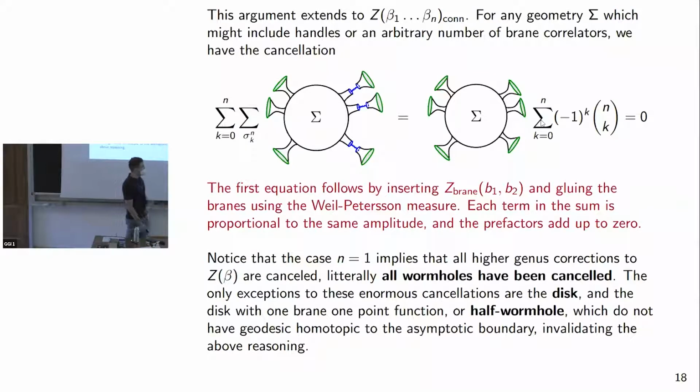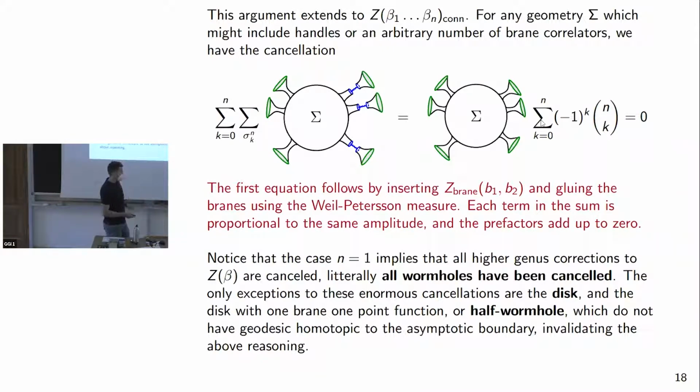Okay, so this argument extends almost obviously to any number of boundary components. So for any, again, super complicated sigma or super simple sigma, whatever I want, I have m boundaries and I can choose to either yes or no have a brain there. And this choice, of course, I want to emphasize again, to have that choice, it's important that you had an exponential of these insertions so that you literally sum over all options.